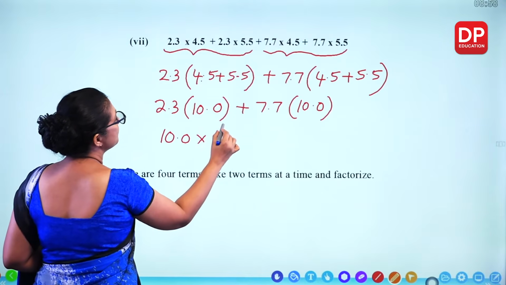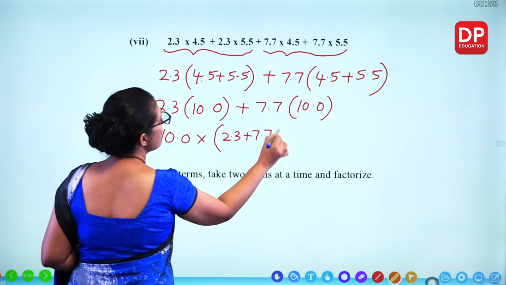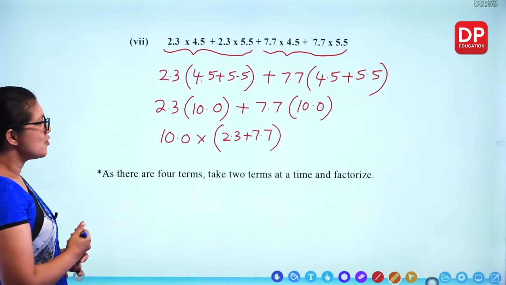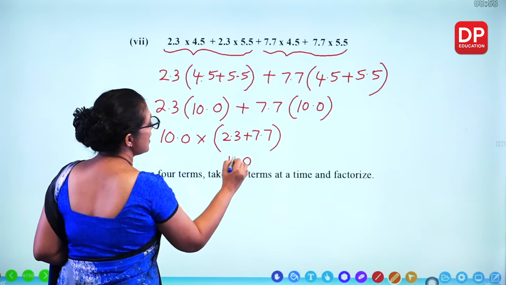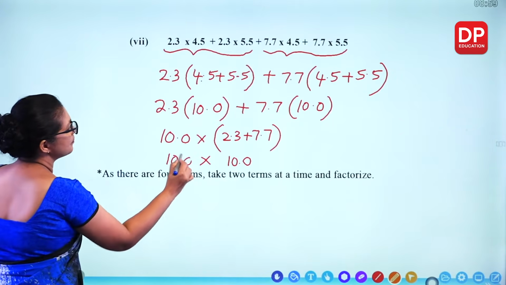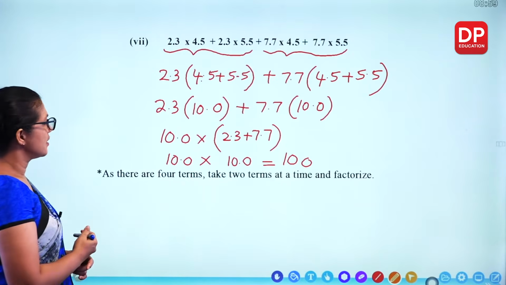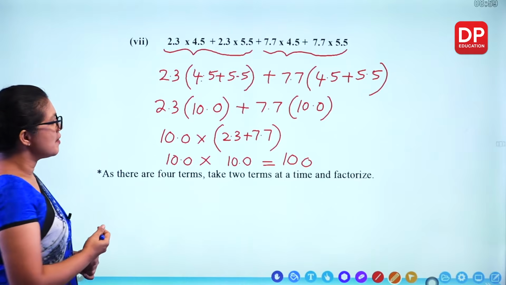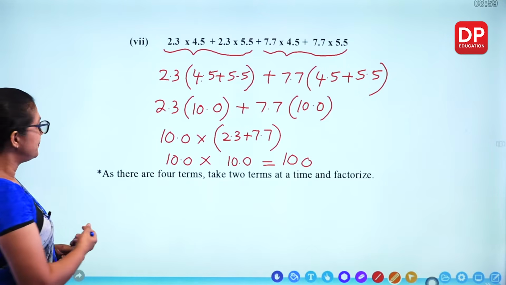What's remaining? 2.3 and 7.7. Now when you add these two, what do you get? 7 plus 3, 10 and 10 again. 10 times 10, you get 100. So as there are 4 terms, take 2 terms at a time and factorize.